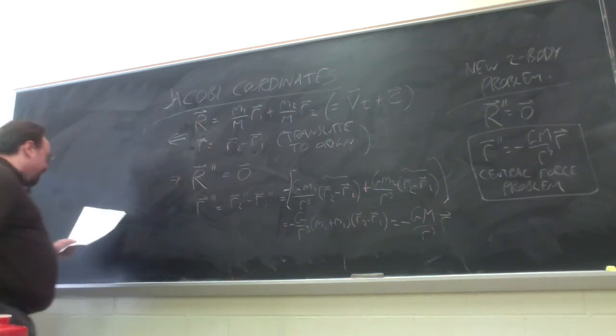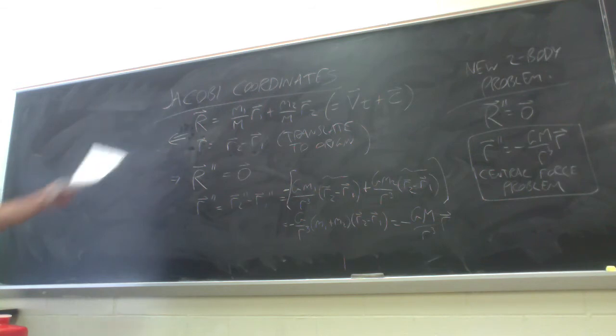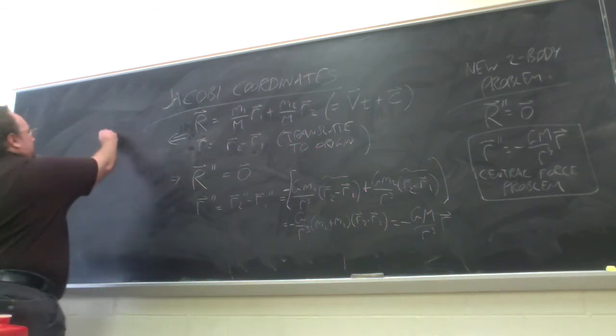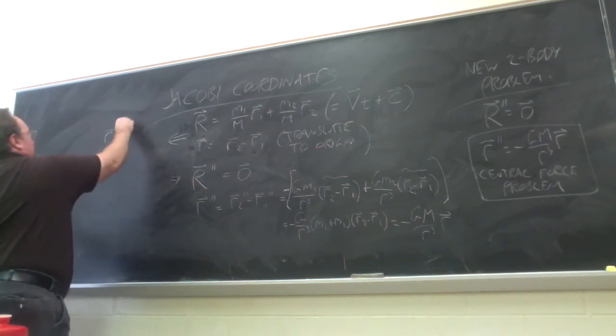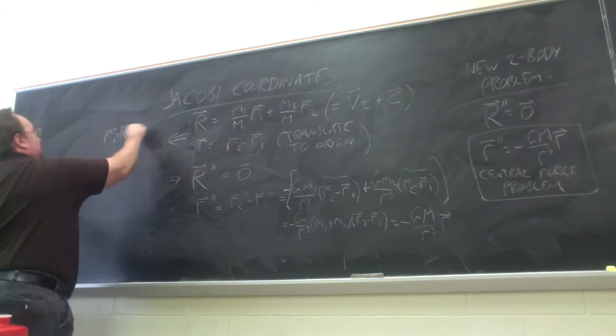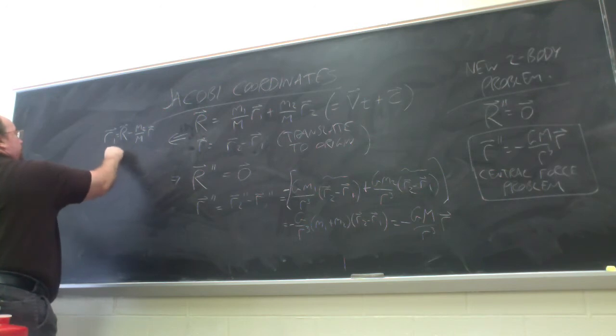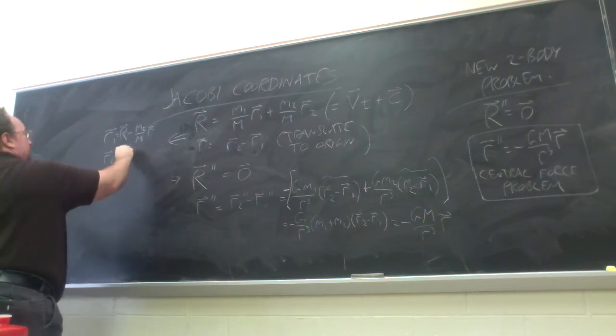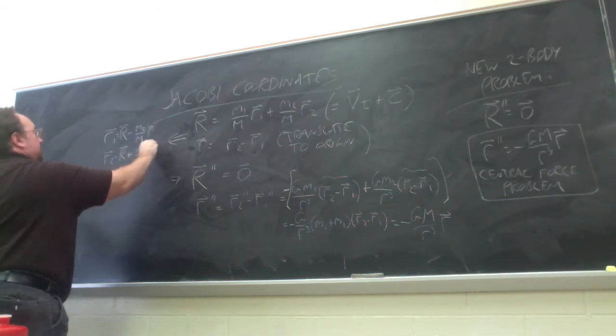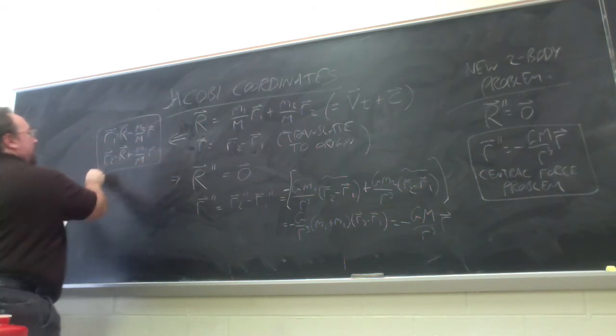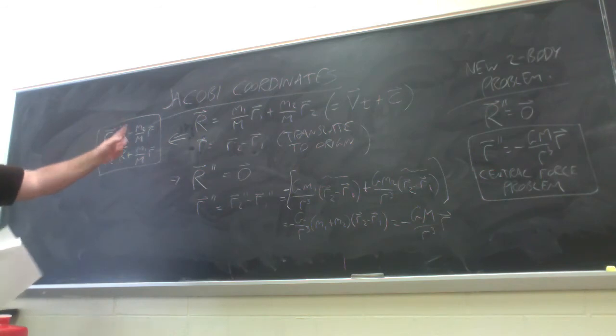To invert these relationships, this is a 2x2 system of equations that you can invert. Using the formula for a 2x2 inverse, you get little r1 is big R minus m2 over big M little r, and r2 is big R plus m1 over big M little r. So now we can go back and forth between the two representations.